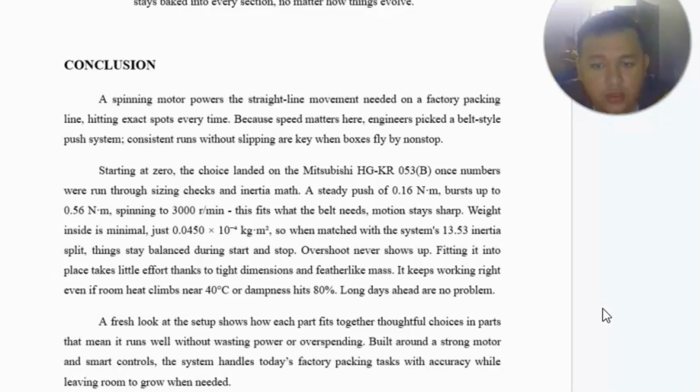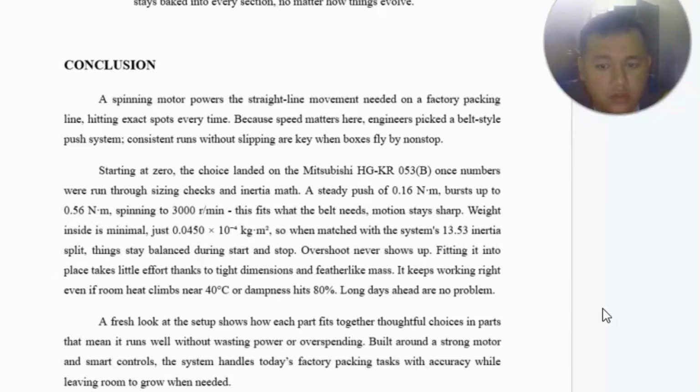bursting up to 0.56 Nm, spinning at 3000 per minute. This is the speed the belt needs, and motion stays sharp with an inertia minimum of just 0.0450 kg/m². When measuring the system, a 13.53 inertia ratio keeps things balanced during start and stop.